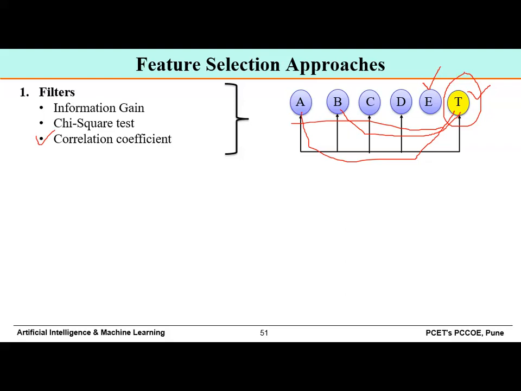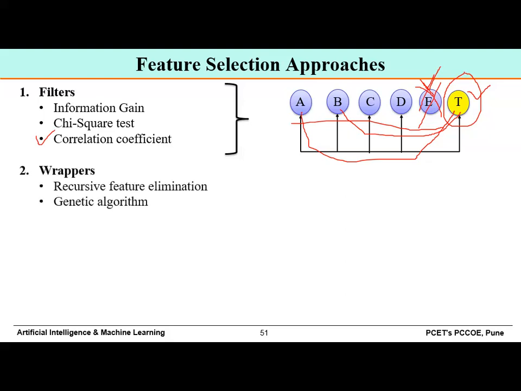In that case, you will not consider this parameter E. This is how you should go ahead and filter out different parameters. So in this example, we can say that A, B, C, D are having good correlation with model T, and E is not appropriately related with model T. These are some of the examples.